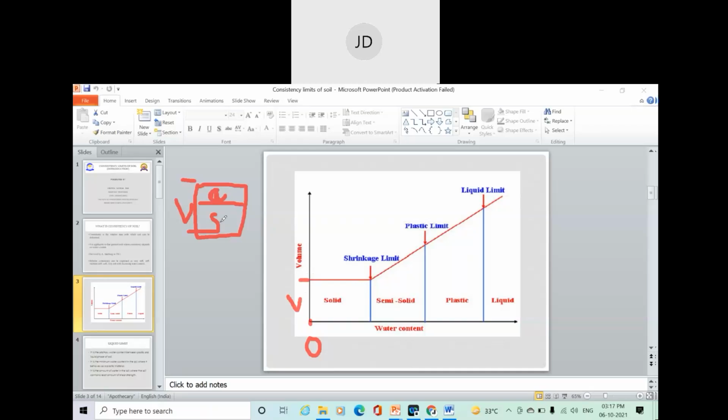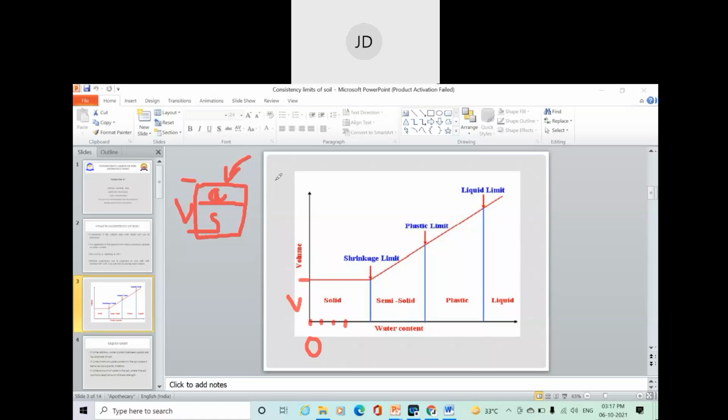Now if I slowly add water to the soil, what will happen? Suppose this much amount of water you have added. Slowly, whatever voids are present in the soil mass start filling up with water. But the volume of the soil mass remains the same, because water is only replacing air right now.